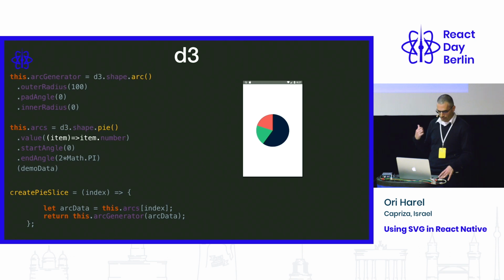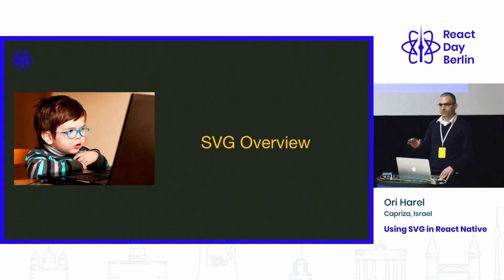This is how I used the shape module to create a series of arcs all stacked together in a pie. Finally, the arc generator method invocation is what generates the D attribute to feed to the path component. So that's very quickly going over the basics of SVG, and how you can simply apply them in a React Native application using that awesome package.